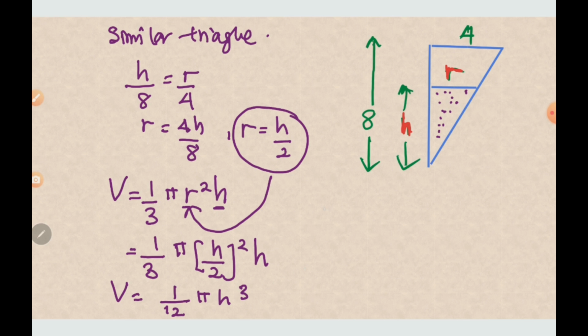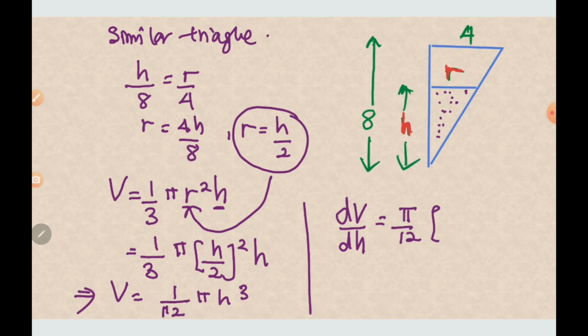Okay, then from here we want to find out what is dV dh. If V is equals to 1/12 pi h cube, dV dh is equals to pi over 12 multiply with 3h squared. Simplify, you will get dV dh is equals to 1/4 pi h squared.